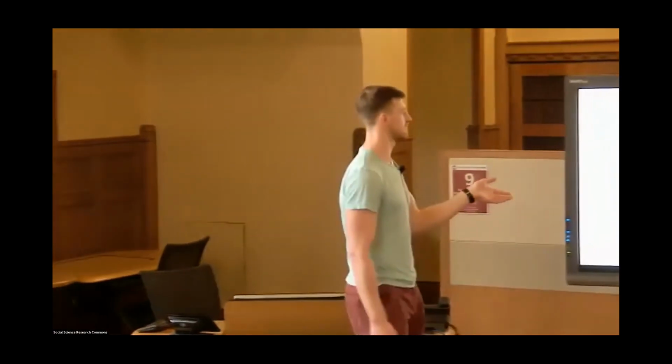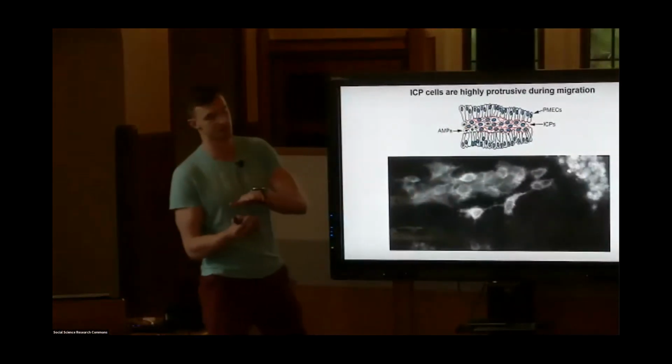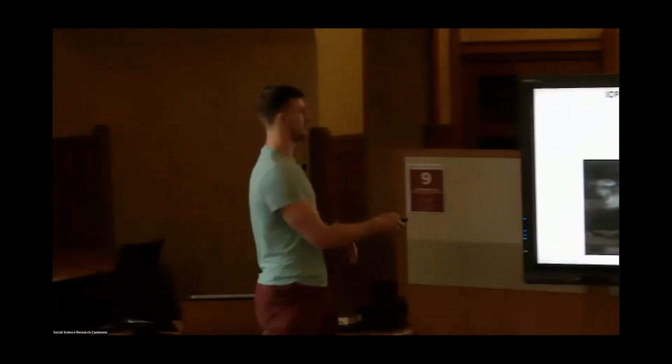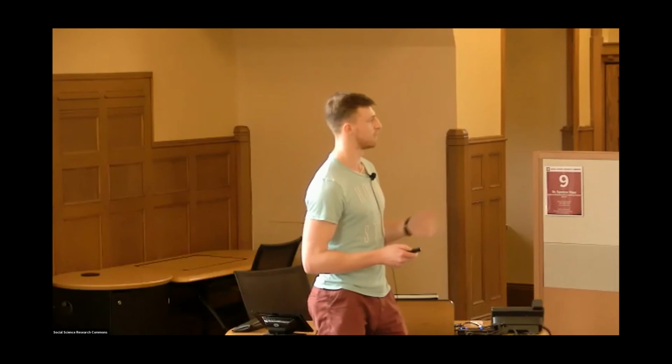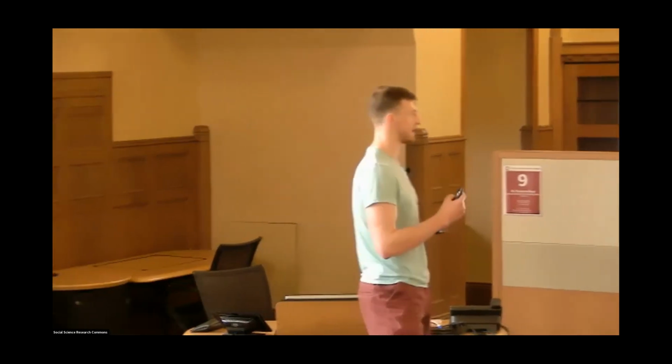Another thing I find interesting is that the ICP cells in the center, which form the meat of a sandwich essentially, have a large number of protrusions. They've got loads of cytoskeletal extensions, and most of them, if not all, come into contact with other ICPs at certain points. So these cells seem to be actively extending protrusions to touch one another as they're migrating.